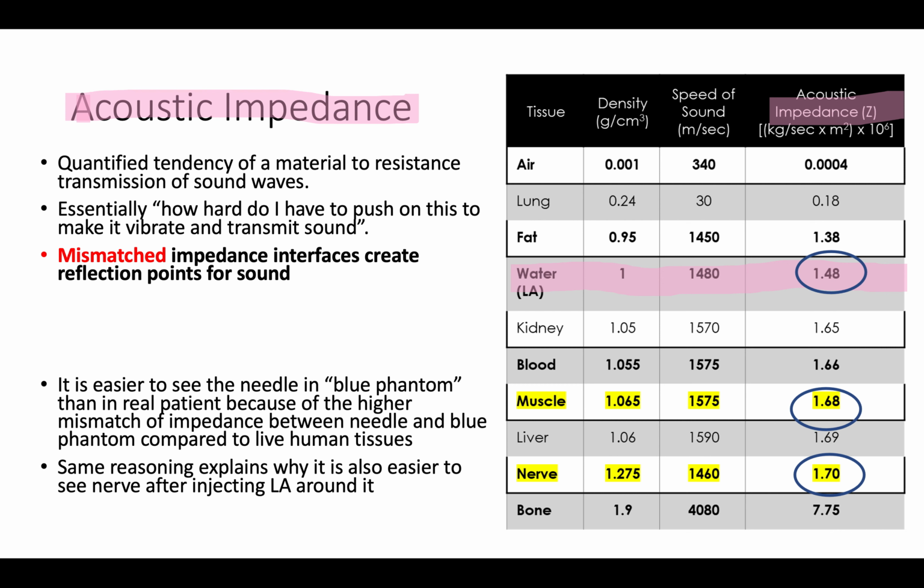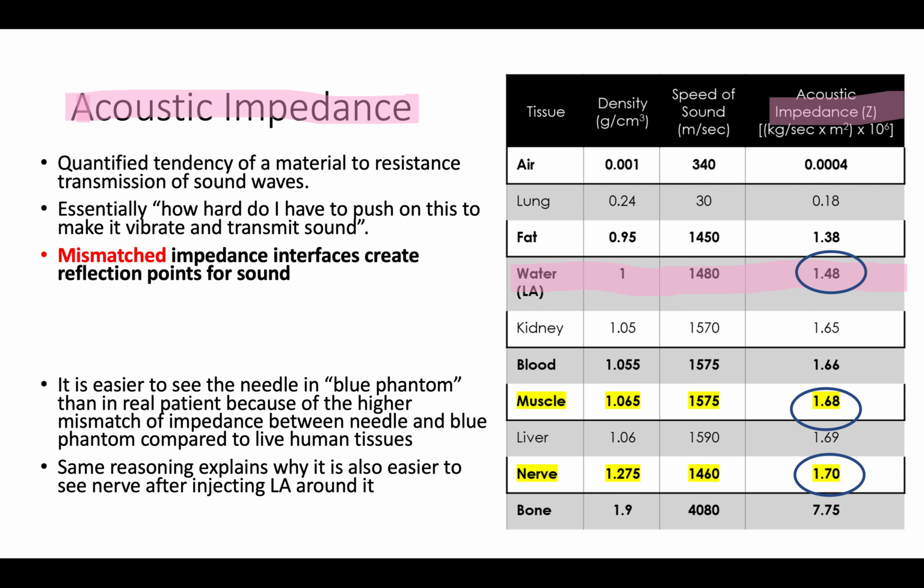The next phenomenon we're going to discuss is acoustic impedance. Acoustic impedance quantifies the tendency of a material to resist transmission of a sound wave. Essentially, it is how hard I have to push on this to make it vibrate and transmit sound.